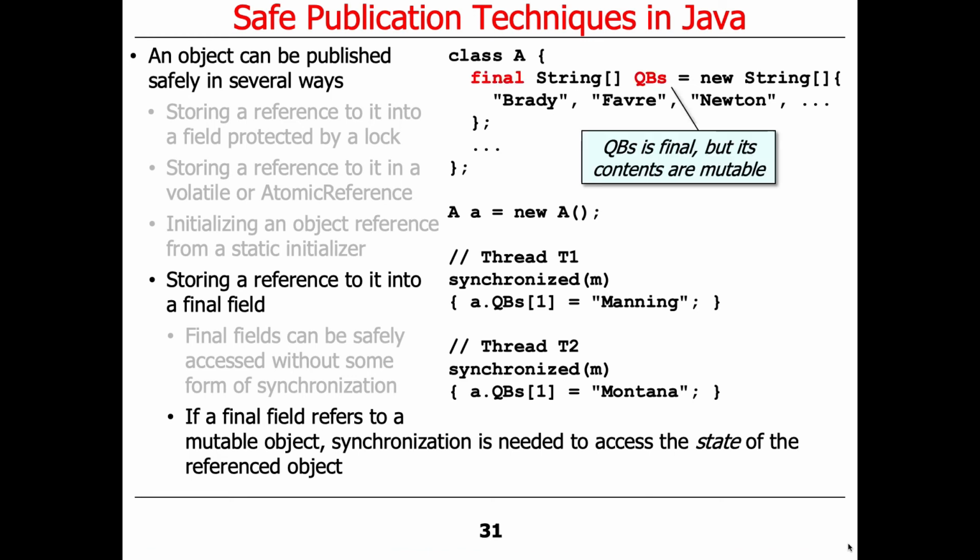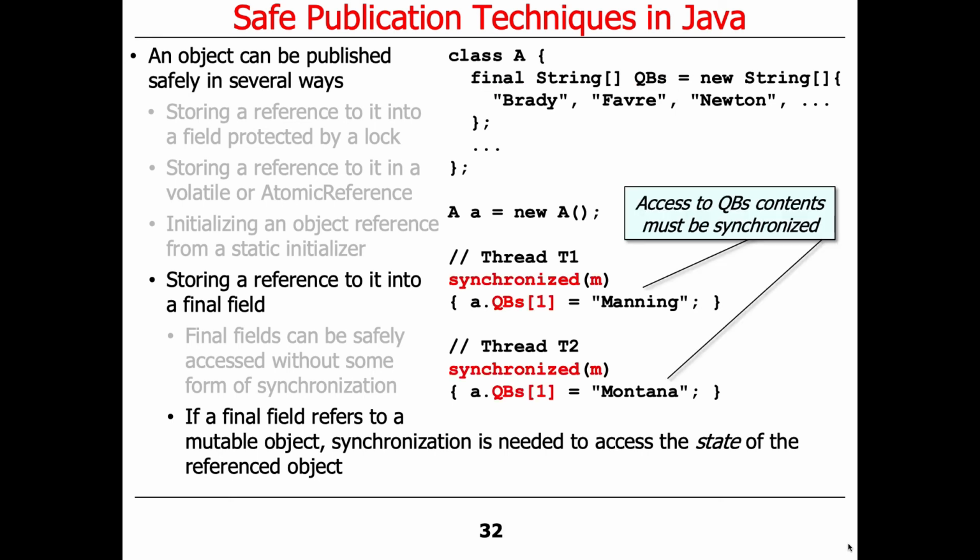So here's an example where we have a field, which is an array of strings with names. And down here, you can see that thread T1 is going to update the QB in the element sub1. We're going to change that to be Manning, or change it to Montana, or whatever, right?